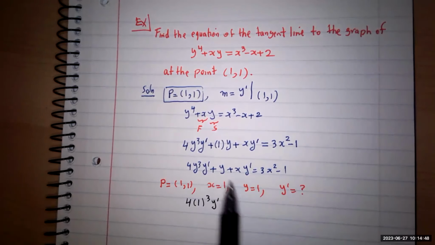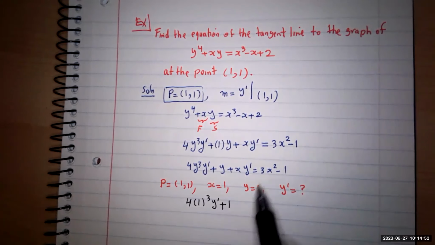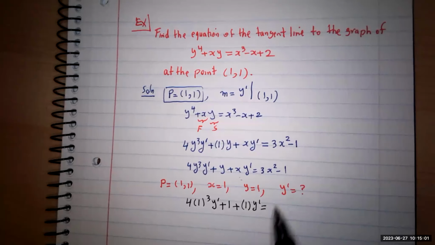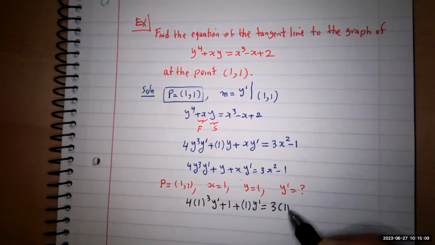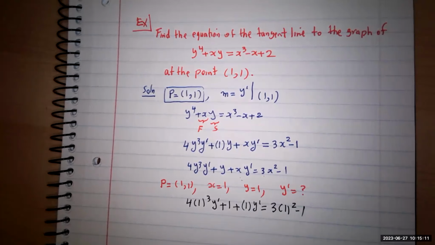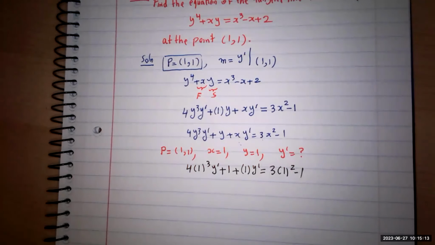Plus y is 1, plus x y prime, x is 1 times y prime, equal to 3x squared minus 1. Again, x is 1. I write it down so you know what's going on. Make sure you substitute first, then go for it.